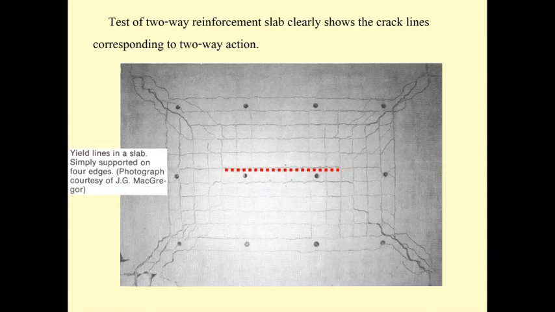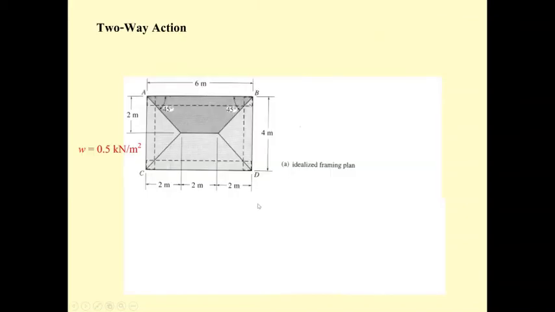However, for the 2-way slab, the force will be distributed to the left and right, and top and bottom. By the evidence of experiment, the 2-way slab will transfer the force in the shape like this. On the horizontal, it's going to be in the shape of a triangle, and for the vertical direction, it's going to be the shape like this. They are different. So that's the two-way slab.